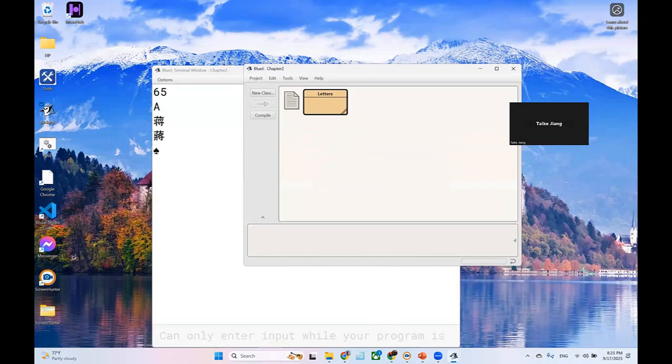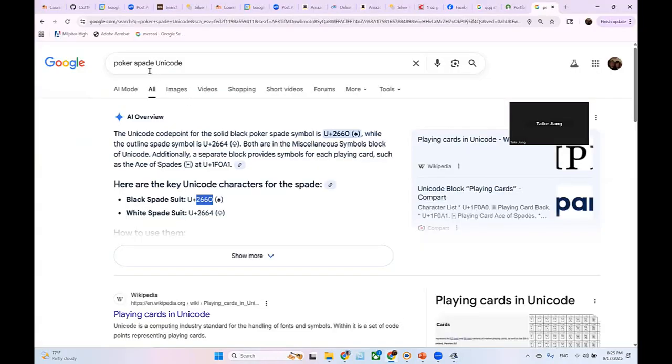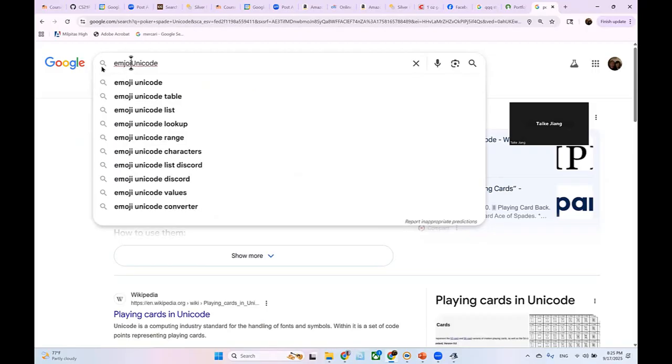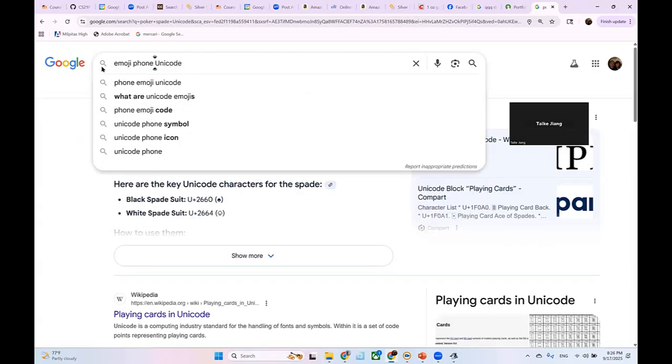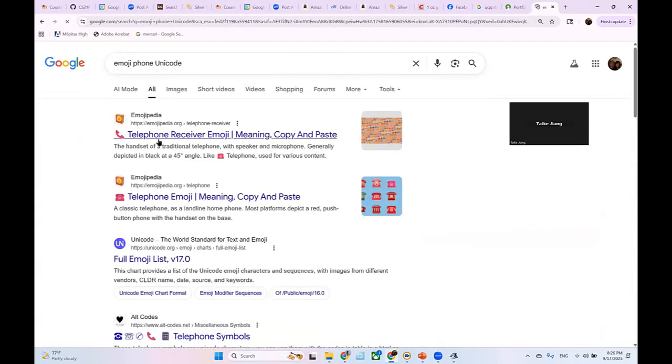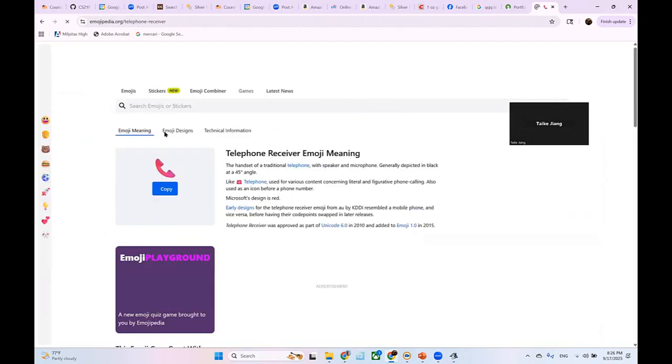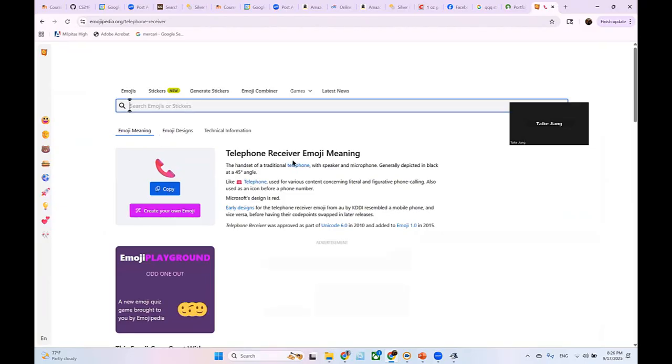Okay, so you got a spade. Now talk about emoji, so you can actually search for emoji form. There are different symbols, and each one of the symbols does have a Unicode.